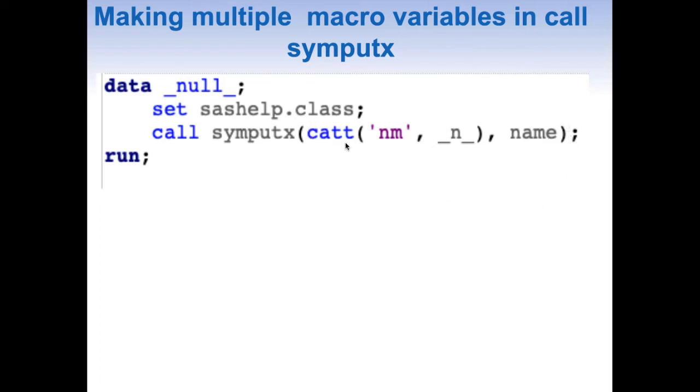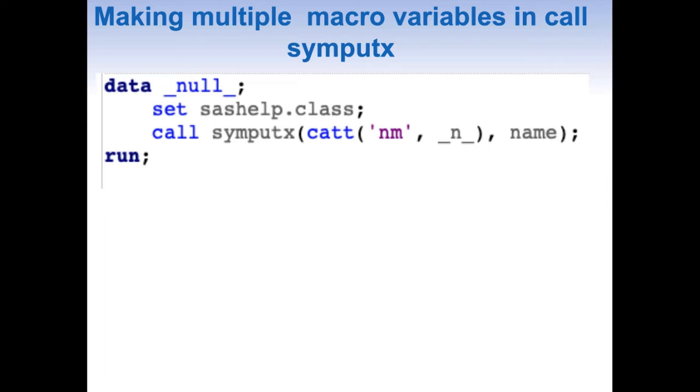The first argument is cat, which is CATT, followed by parenthesis nm comma _n_ parenthesis closed. This whole is one argument and this argument contains my macro variable name, and the second one is my variable name.